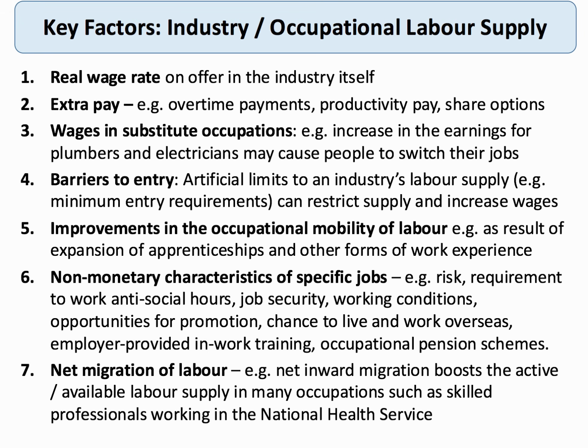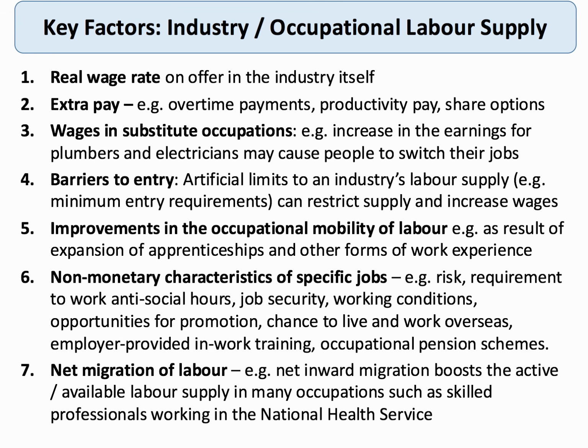Labour supply can clearly be affected by barriers to entry. So there could be, for example, a minimum entry requirement, perhaps a graduate-only job, which can limit the industry's labour supply. There might be some professional exam hurdles to get over before you're fully qualified, for example, in accountancy, in medicine and in law. So artificial barriers to entry can restrict the active labour supply, and as a result they can drive wages higher.